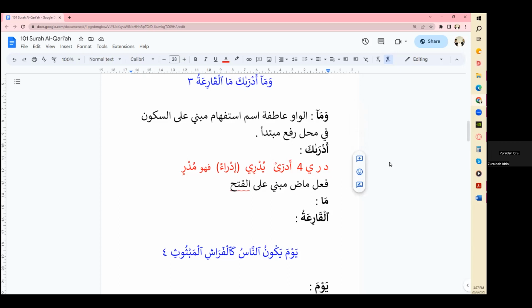So what do you think, Sister Adila? Yeah, it's fath but muqaddar because it ends with a weak letter. You're talking about the ya there, right? Alif maqsura is supposed to have a fatha. Yes, but you don't see it, so you say muqaddar, because you imply it there. Alif maqsura cannot take any harakah.